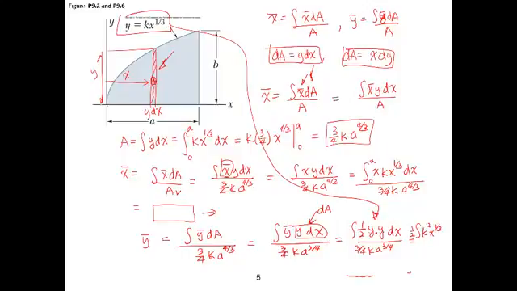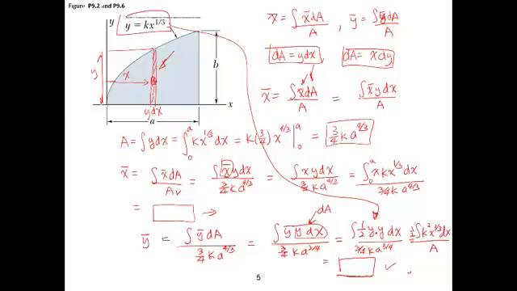Why am I doing that? This is the y squared, I'm squaring that. dx, and my area A. And then you can find out what your answer is. I'm not going to do the math, and I won't ask you to do this on the final, but this is something that you'll need to know. That's where the centroids come from.